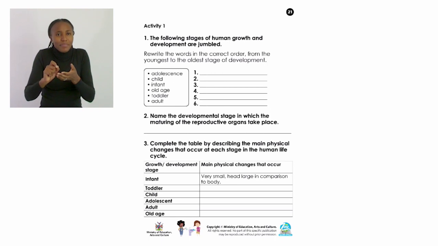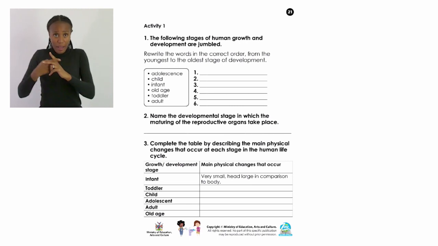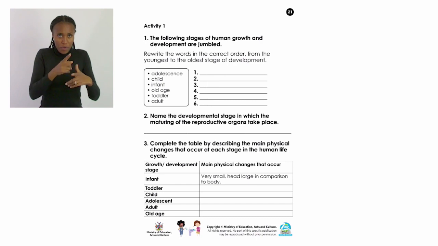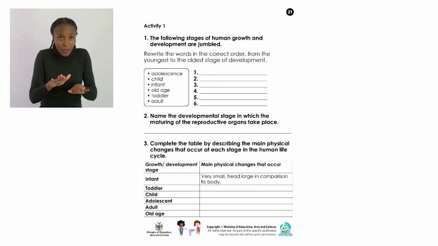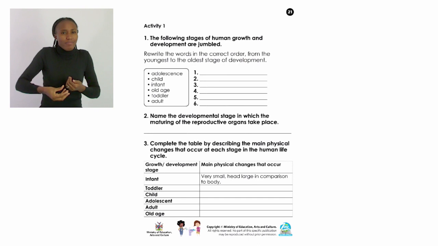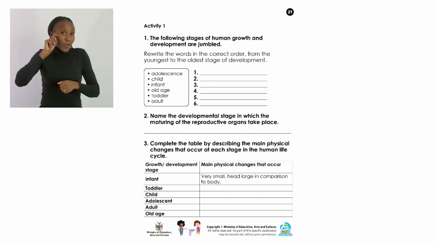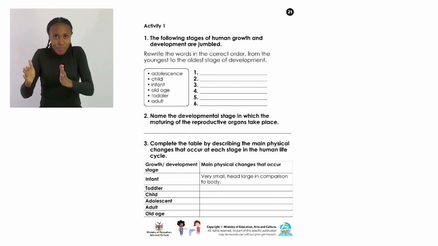Question 3. Complete the table by describing the main physical changes that can occur at each stage in the human life cycle. So what are we expecting you to do? We want you to complete the characteristics that happen to everybody in his or her stage of development. We have growth or developmental stages on our left: infant, toddler, child, adolescent, adult, and old age.